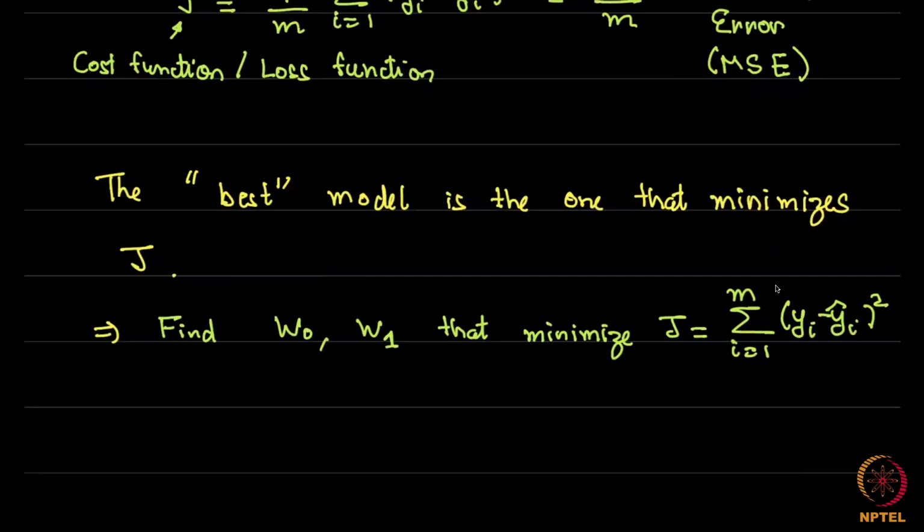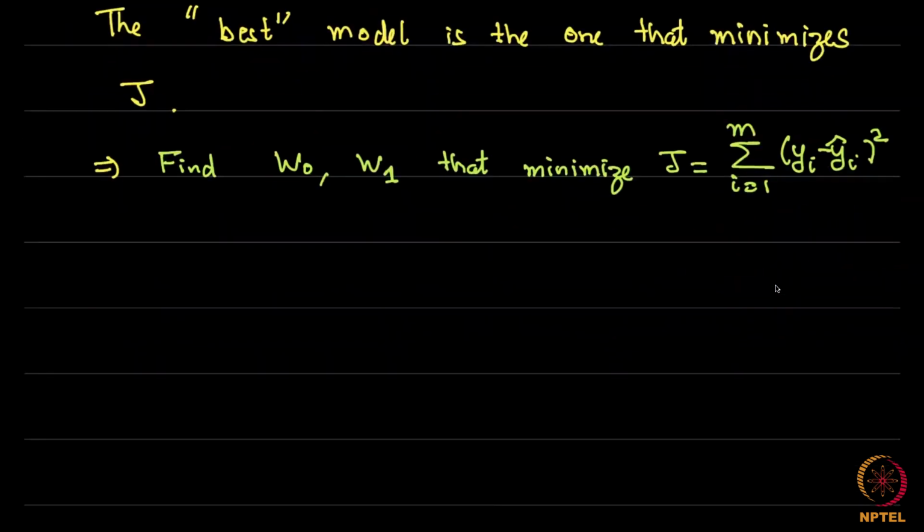If you look at it only in this form, it might look odd. You want to find W0 and W1 which minimize this, but where exactly are W0 and W1 in this expression? So let's make that explicit.